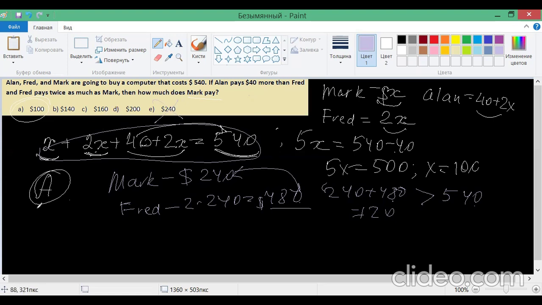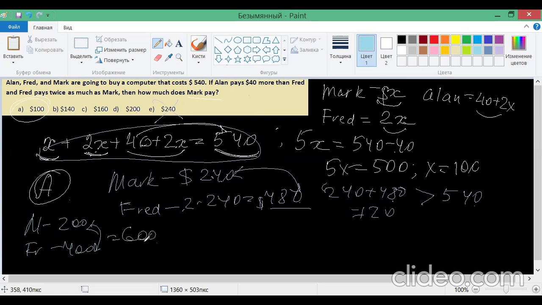Okay. Now D, 200. If Mark's amount is 200, that means that Fred's amount is twice that amount, 400, right? So we can choose another color. So Mark 200, Fred in this case 400, and if we add these two, we will get 600, right?